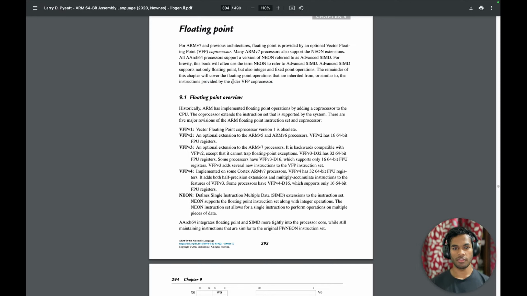And commonly, these different processing units are inside the main processor itself. But in the past, in older days, we had vector floating point coprocessor. Here, vector means a set of different values, and floating point means these units specialize in operating on floating point numbers, and multiple of them. That is why it is vector floating point.